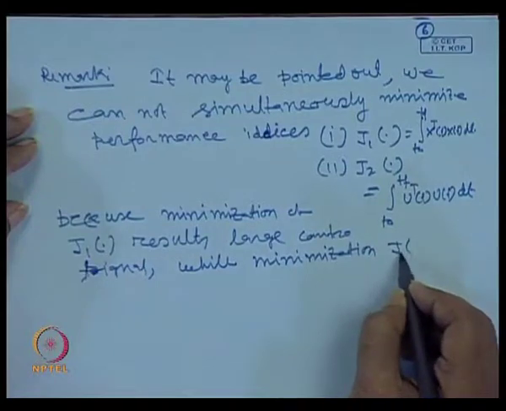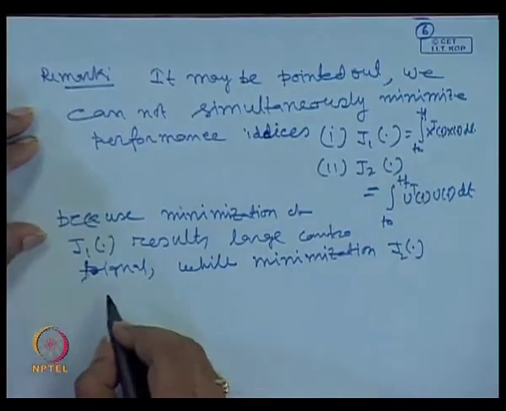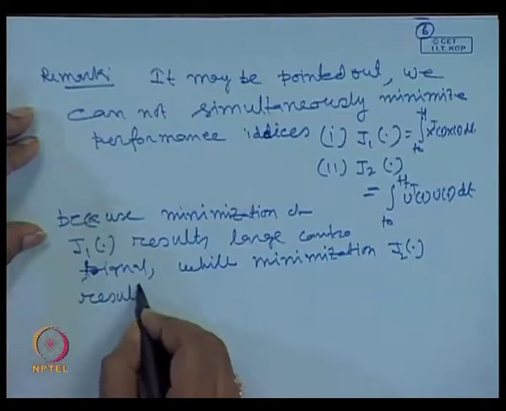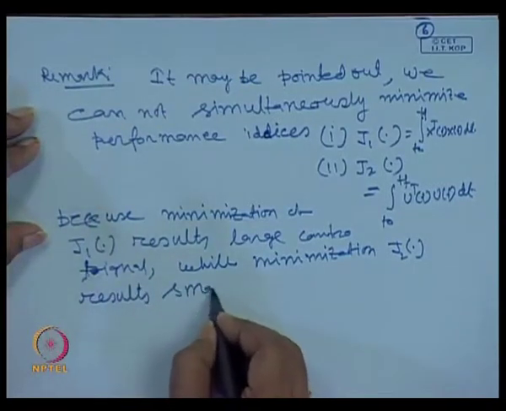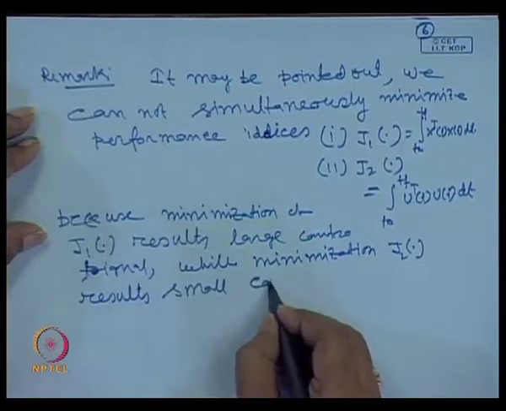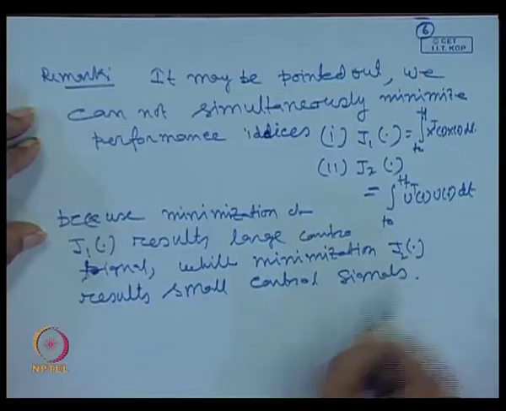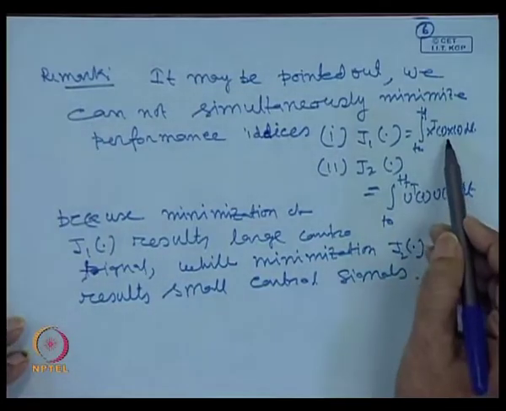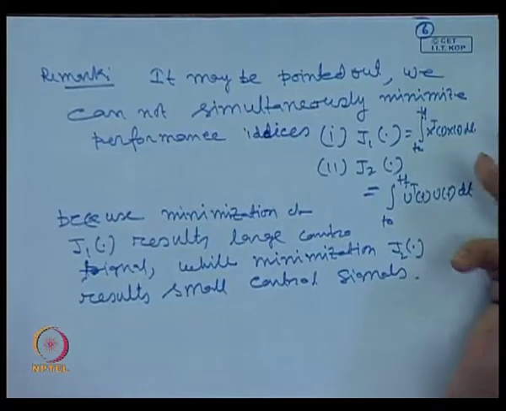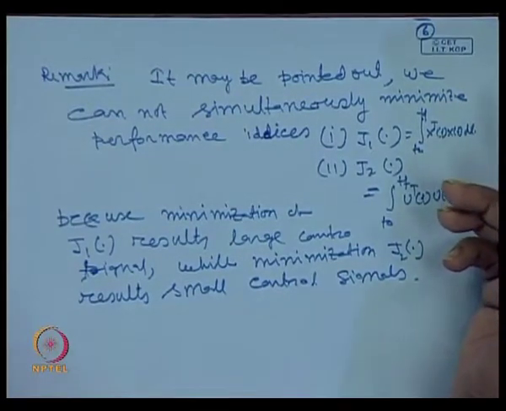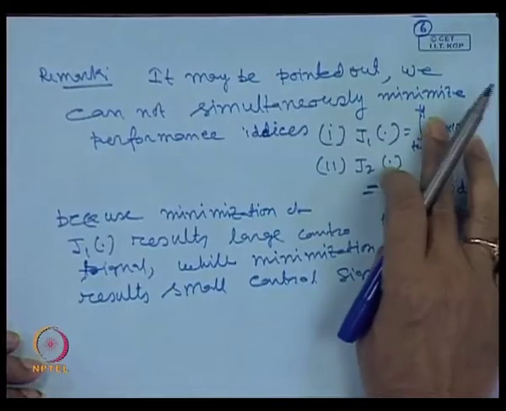while minimization of J2 results in a small control signal. Minimizing J1, since we do not have any control, physically means pumping more energy into the system, and that quantity will be minimized.